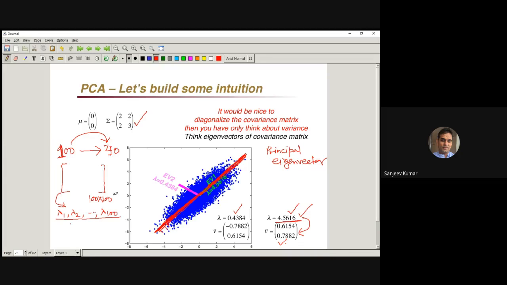Let us say these are already in descending order, meaning lambda 1 is the biggest, then lambda 2, then lambda 3, and so on to lambda 40, lambda 41, and lambda 100 is the smallest one.